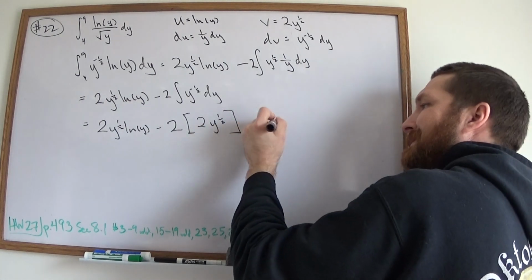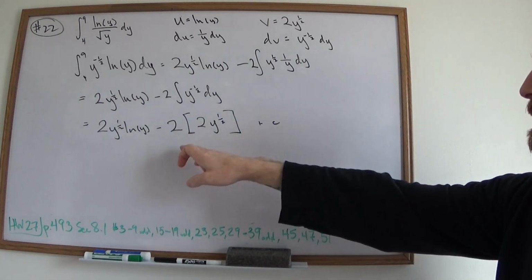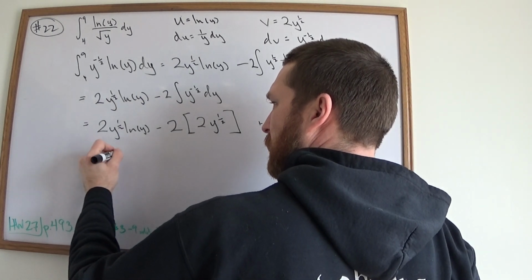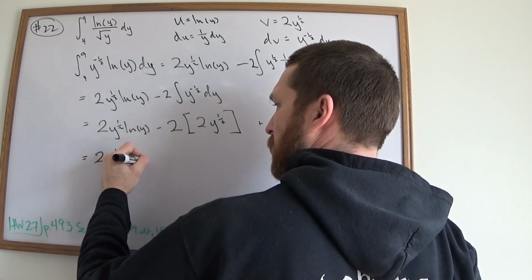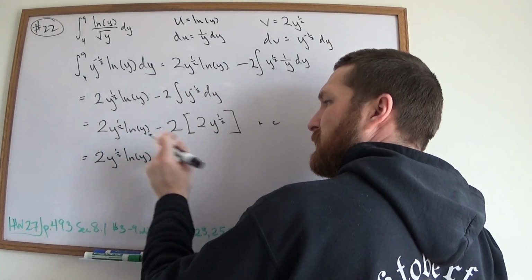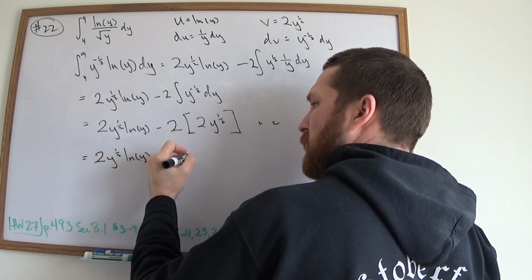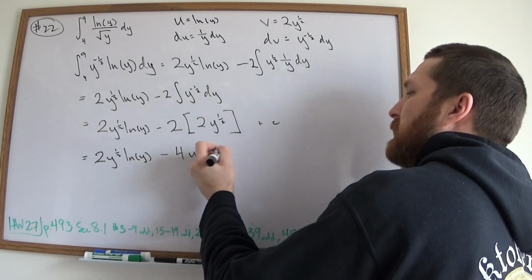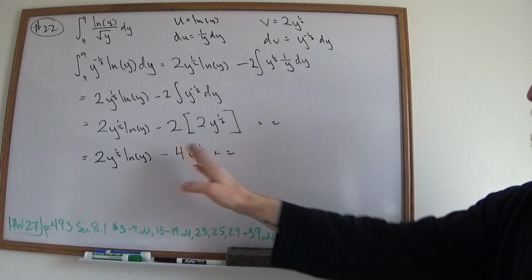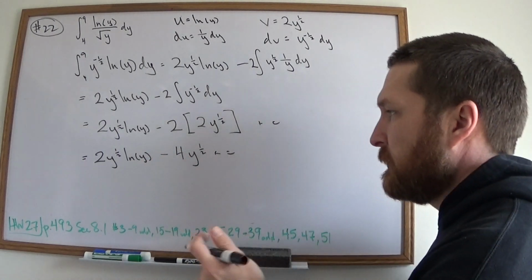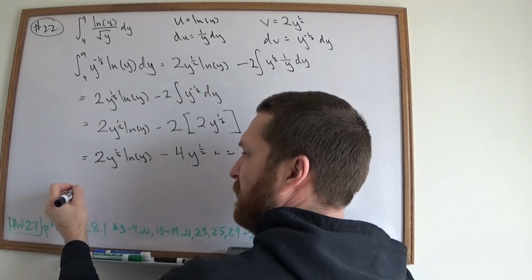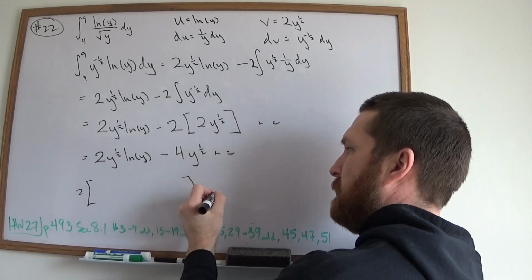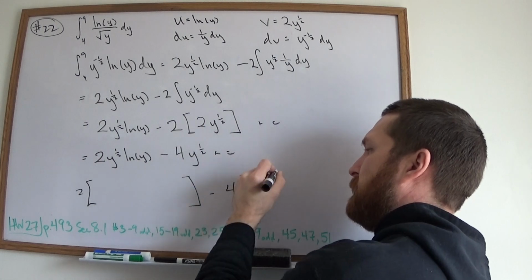That plus a constant. Okay, now I'm going to just double check this one. This is 2y to the 1/2 log y minus 2 times 2, which is minus 4y to the 1/2, plus a constant. Now, let's check this and make sure that it works. If I took the derivative of this, we would have a product right here, minus 4 times whatever the derivative of that is.